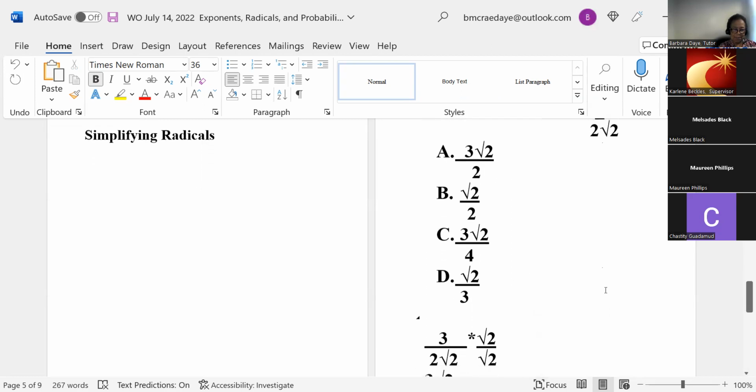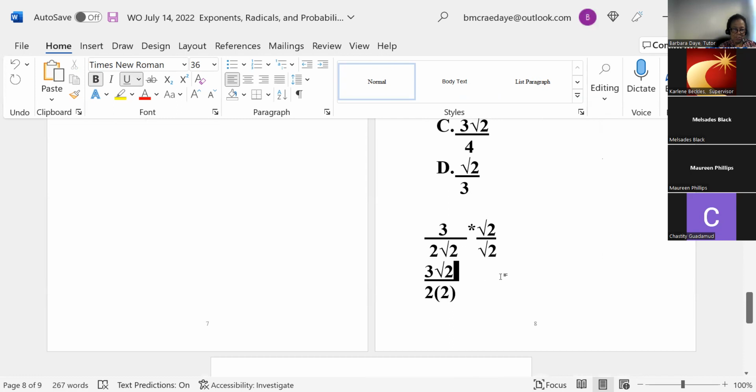That's right. So 3 times square root of 2 stays just the way it is in the numerator. And 2 times 2 is 4, right? And we just put 4 here in the denominator. And when we go back in here, we see that's answer C.